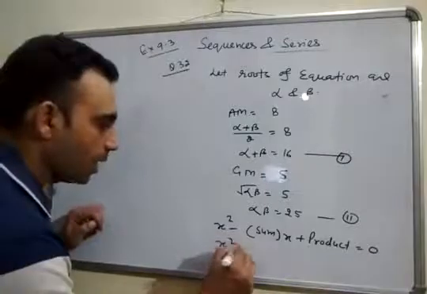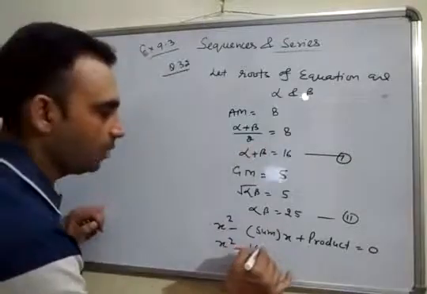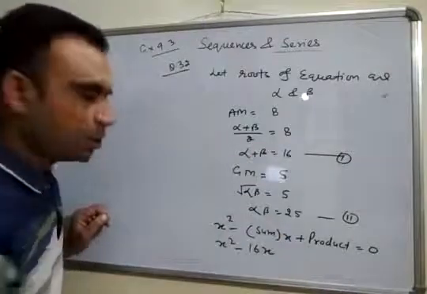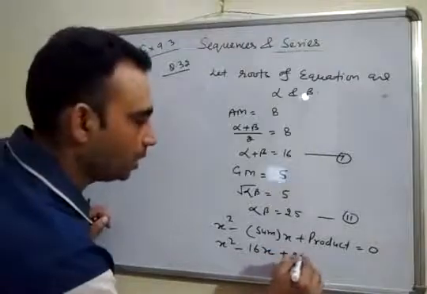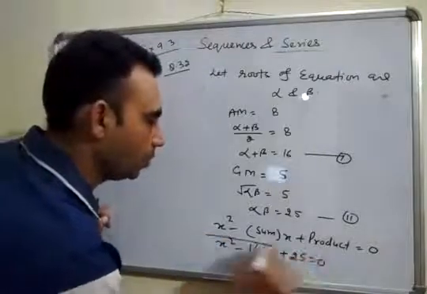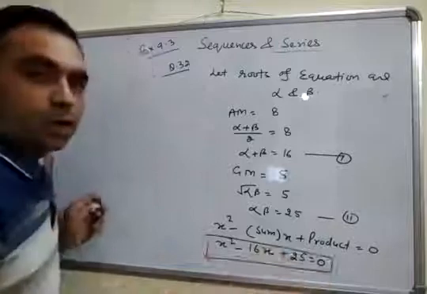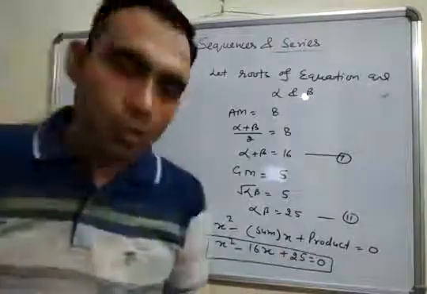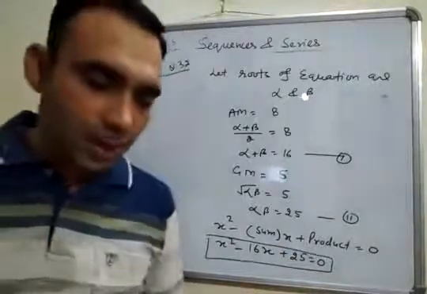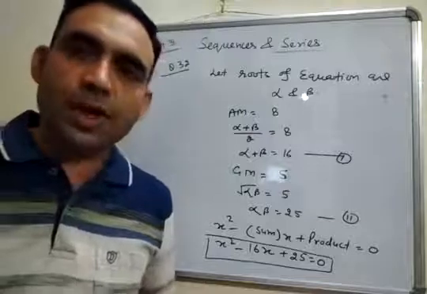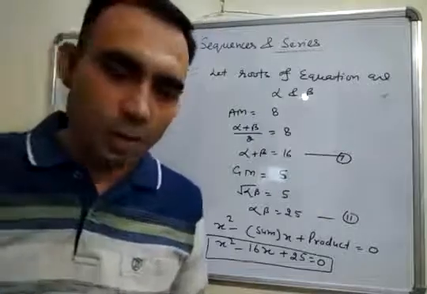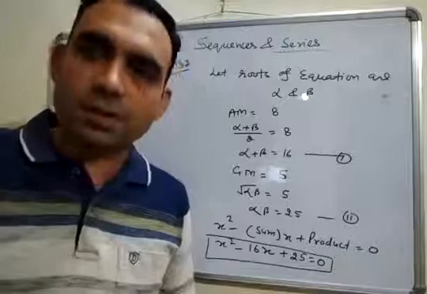So x square minus 16x plus 25 is equal to 0. So this is the required quadratic equation whose AM and GM are given by 8 and 5. So this is the end of the exercise 9.3. Thank you.